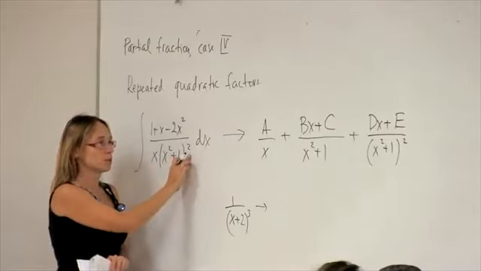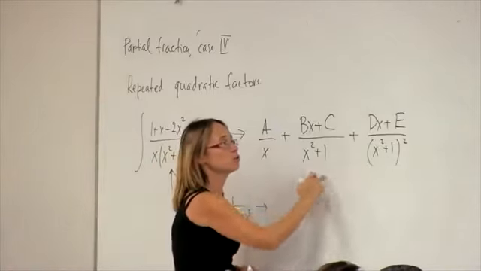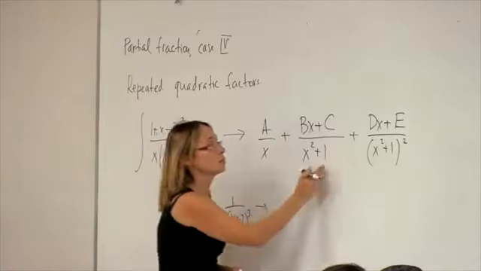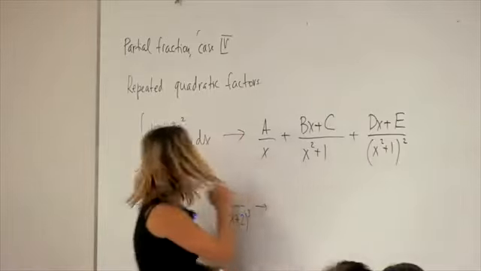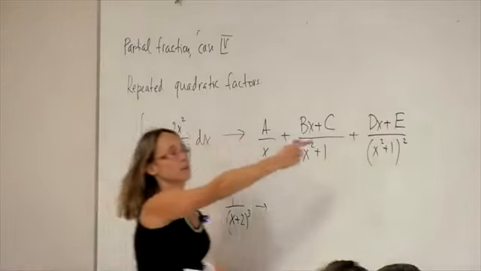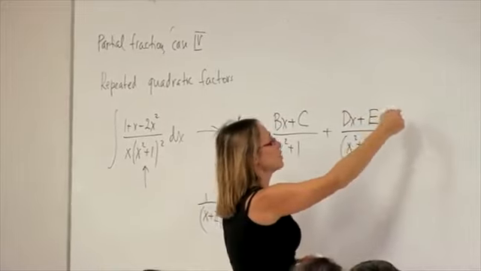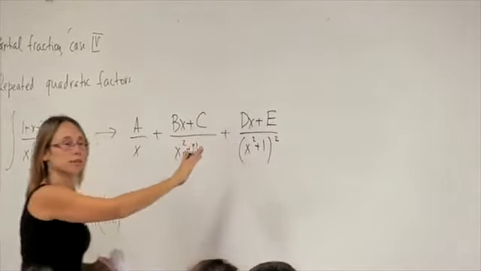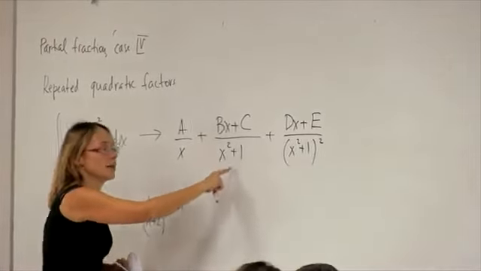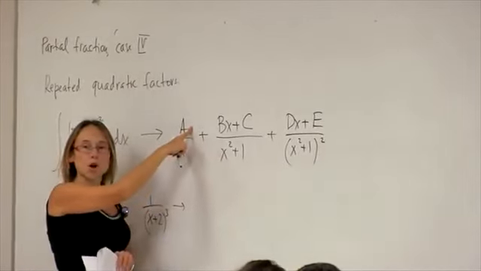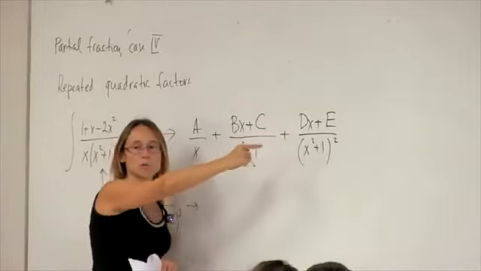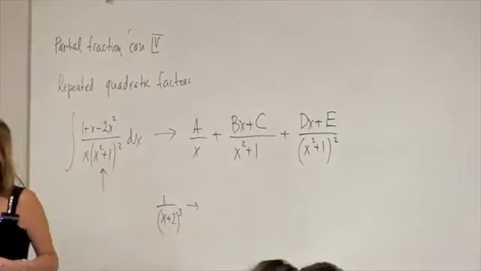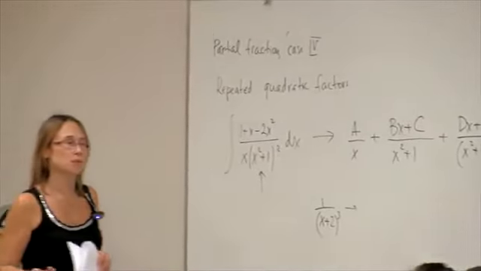If I have 2 of them, second power, then I'm going to have 2 terms corresponding to that with increasing power. If this was a third power, I would have a third term, fx plus g divided by the cube. Okay? So this is the algorithm. And because they are quadratic factors, I don't just use a constant, but I have a linear function like this on top. So this kind of makes sense and follows from the previous 3 examples.